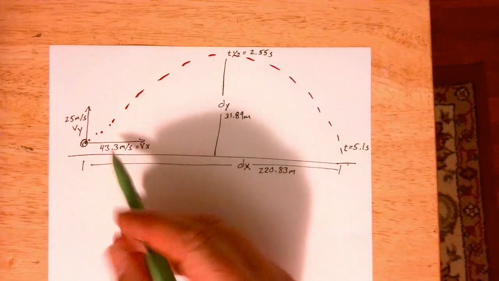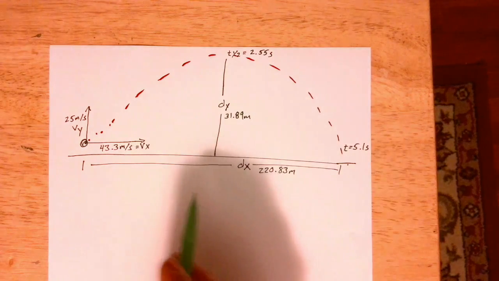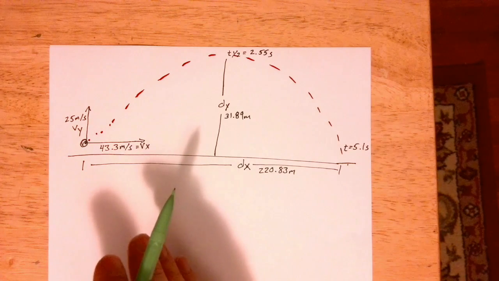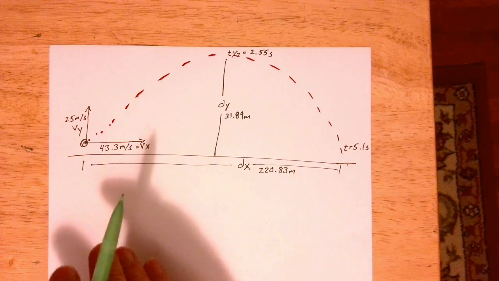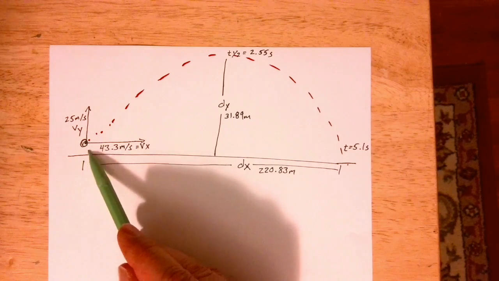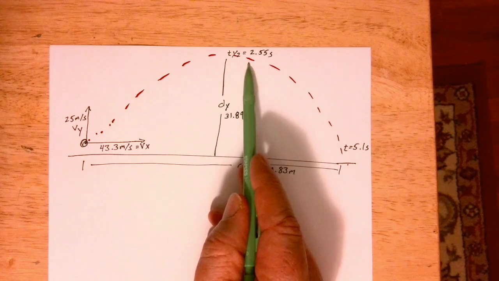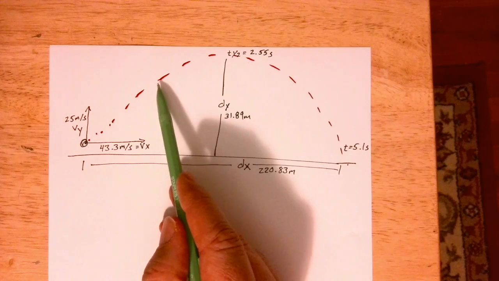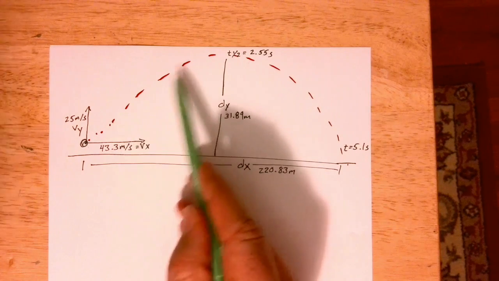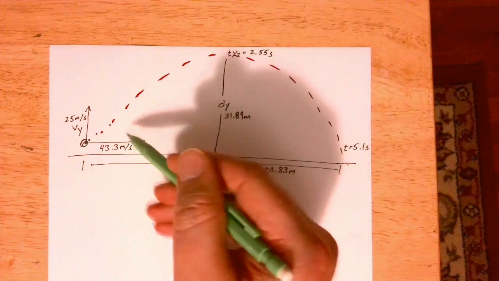So if you look at this, we can actually use the previous information as a means of somewhat checking your work, just to see whether or not it's within the ballpark. So at time 0, it's starting here, and at 2.55 seconds, it's going to be over here. So at time 1.2 seconds, it's going to be somewhere on this half of its travel here.